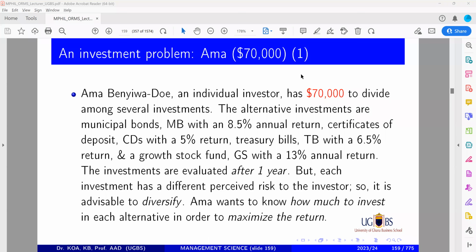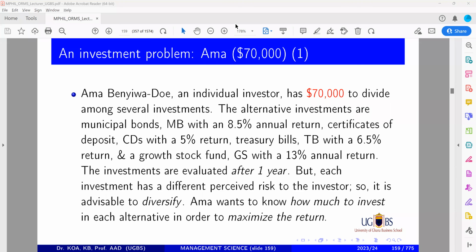What are the decision variables, taking into consideration what we have in our real life here? Ivan. So the decision variables are the amount, or how much to invest in MB. Good. Let's stop there. So guys, Amma has $70,000. That's what she has.